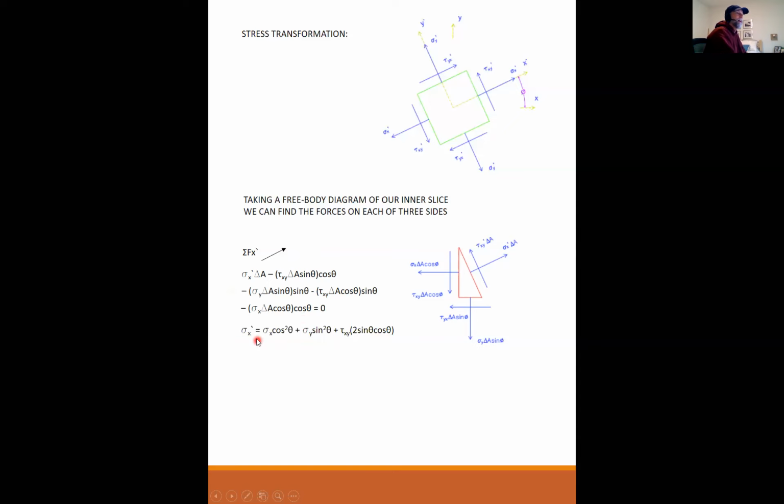The point is, I now have our new normal stress in terms of the original 3 force components: stress in the x, stress in the y, and the shear stress, and of course our angle theta. So that was the goal: come up with a sigma x prime that is related to the original 3 forces and the angle of rotation.